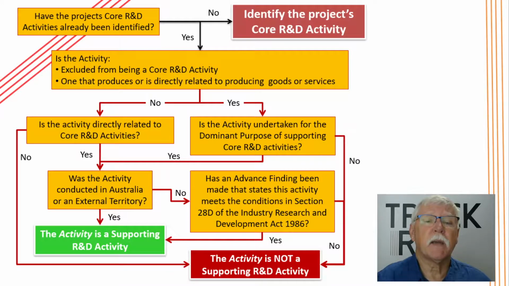With respect to activities related to the production of goods and services, it is possible to claim these as supporting activities where it can be determined that the dominant purpose of the activity was to support a core R&D activity. And I will speak more about dominant purpose further on in this presentation.